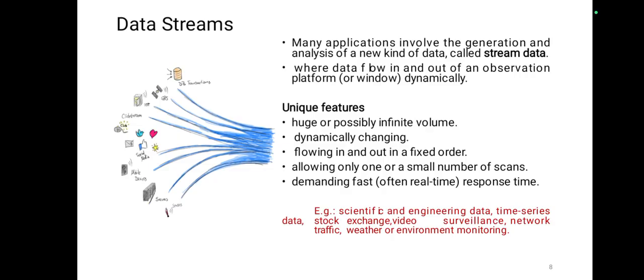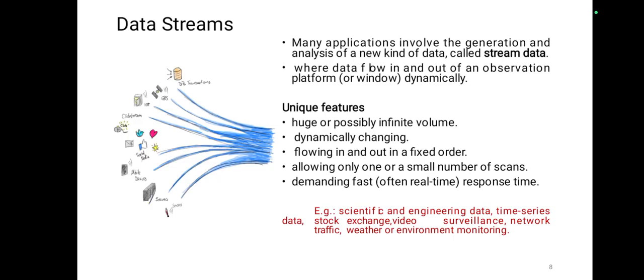This is basically called a data stream. Examples include stock market transactions, social media posts, network traffic, weather monitoring, IoT sensors, and surveillance cameras. All these generate data continuously, so we need to analyze this data to mine information from it.